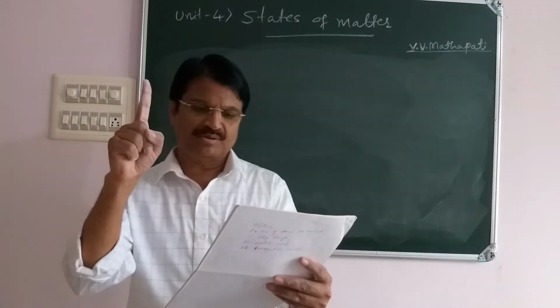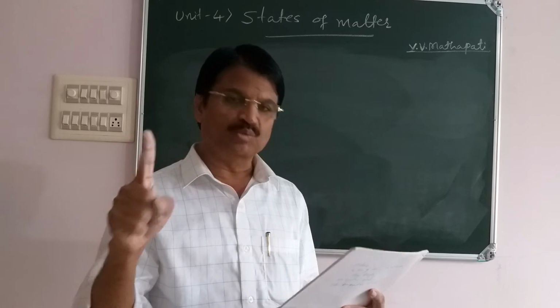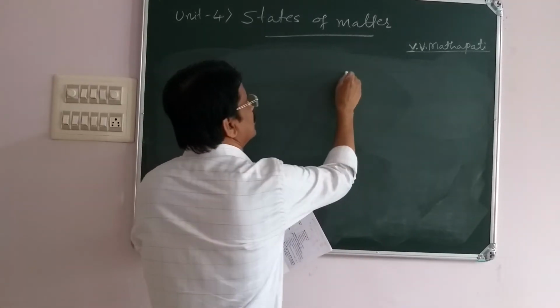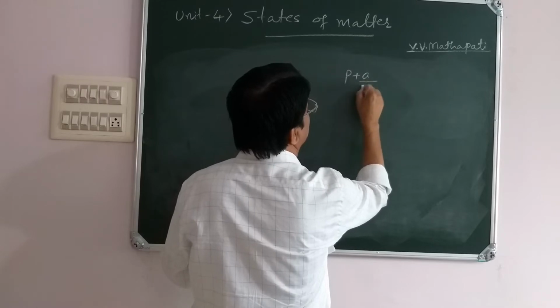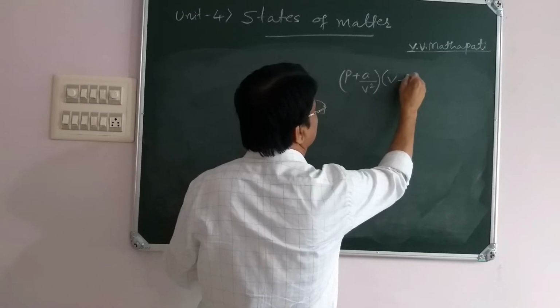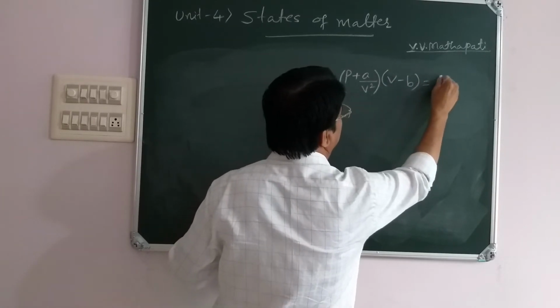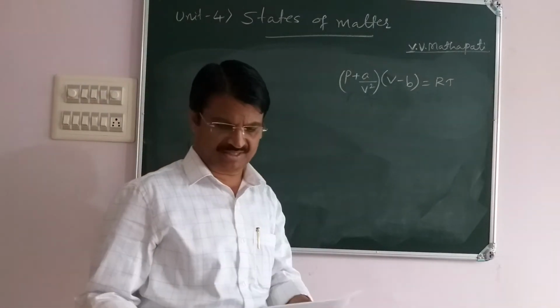For 1 mole of a van der Waals gas, there is (P plus A by V square)(V minus B) equal to RT. This is the van der Waals equation for 1 mole of a gas.